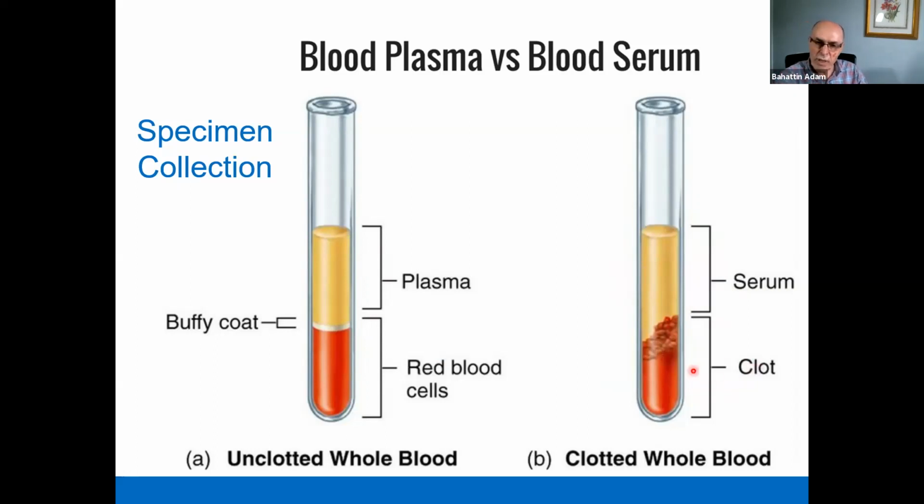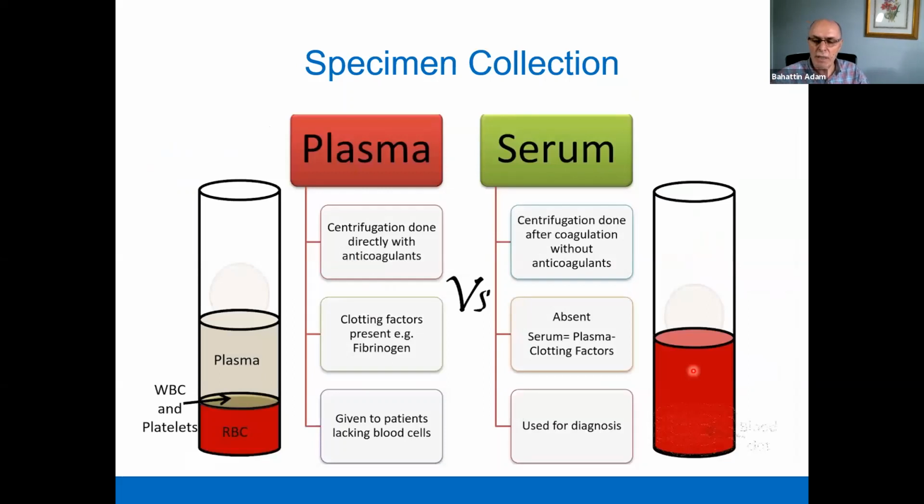Okay, now, as you see here, the differences between plasma and serum: we collect plasma via anticoagulants, which prevent coagulation, and therefore in the supernatant, which we call plasma, there are clotting factors present, such as fibrinogen and other clotting factors.